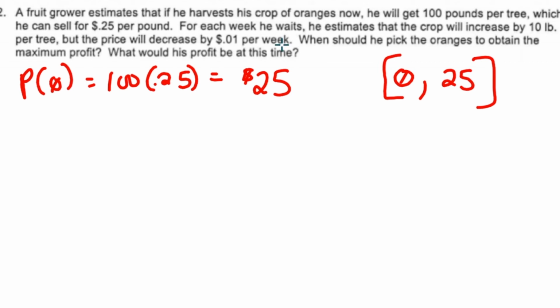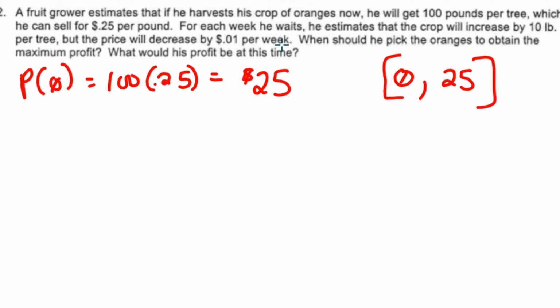Now, after 25 weeks, this is going to be 100 plus 250 pounds, so it's going to be 350 pounds, but the amount that you're multiplying by will then be 0, because we're subtracting 1 cent per week. So they're not getting anything for it after that.